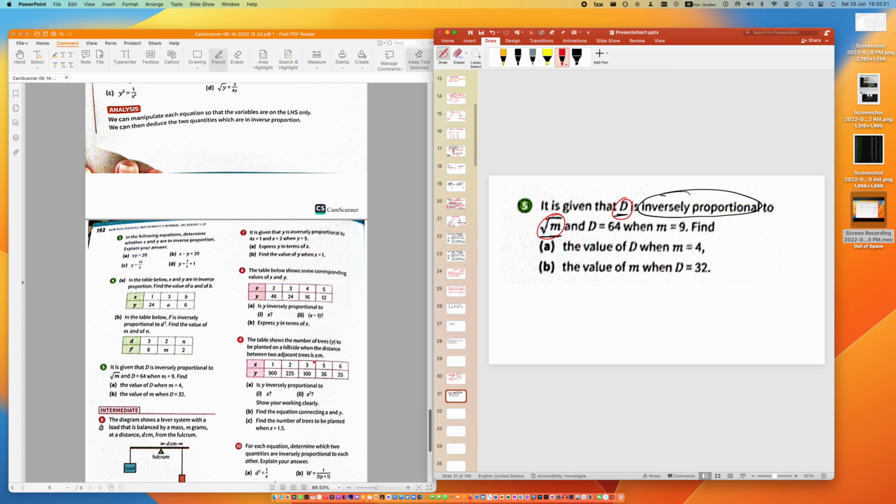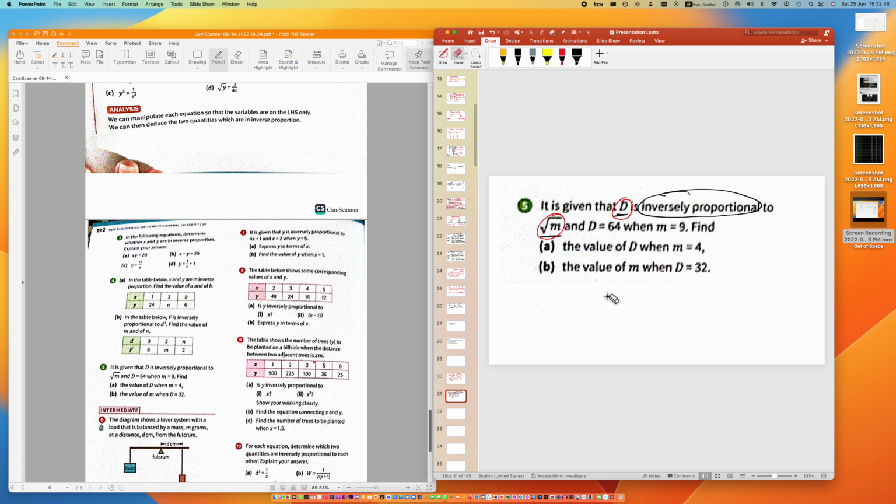Very good. Step 2. What's step 2? Find k given y and x. So in this case, find k given d and m. Go. Find k.